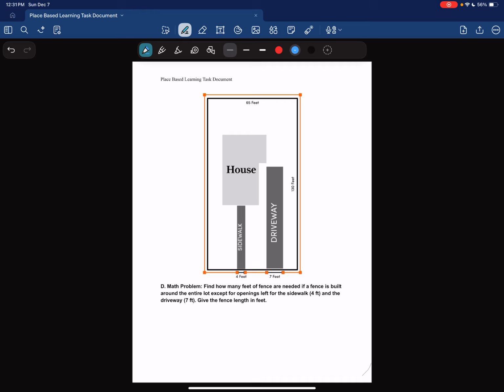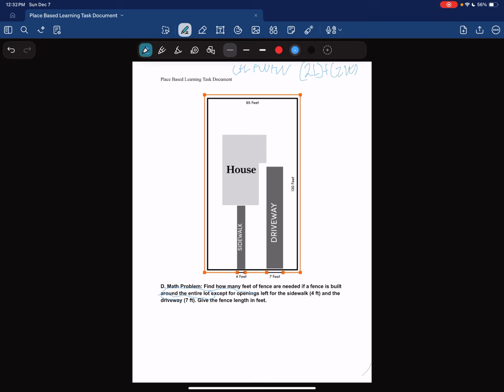So whenever a problem is asking us to find how many feet are around the entire lot, we already know that we're doing perimeter. To find perimeter, we can find it two ways. We can just add all the sides, which is the length plus width, or we can do 2 times the length and add it to 2 times the width.